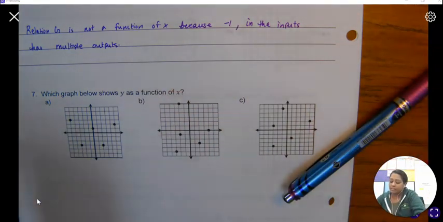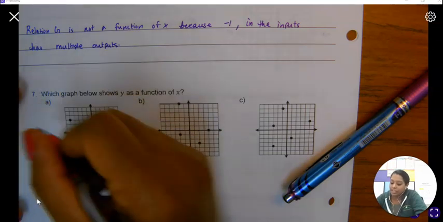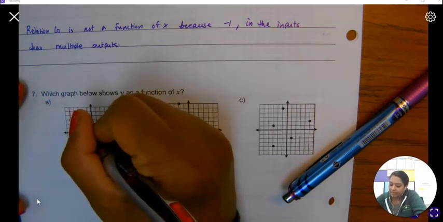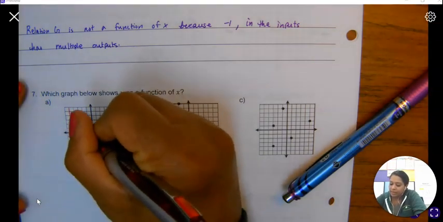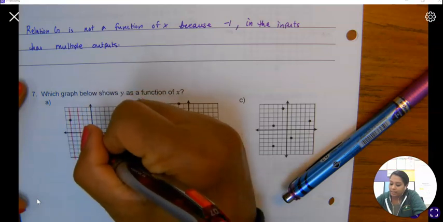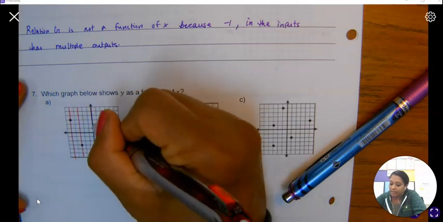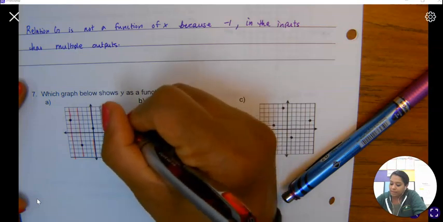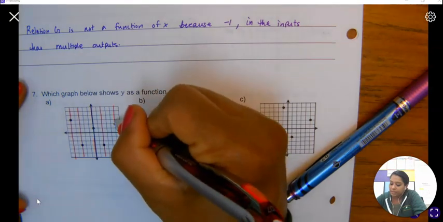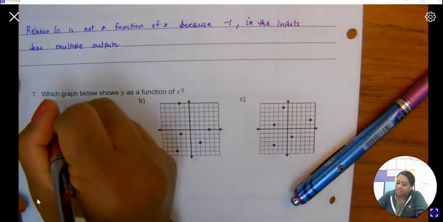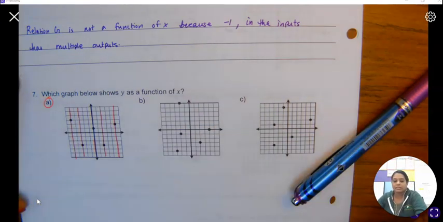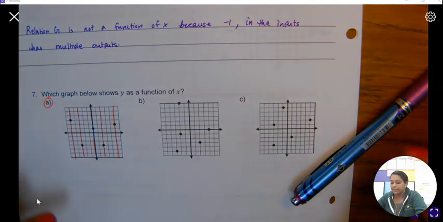Vertical lines basically check to see if there's any x value repeating. So here there's only one x value, here there's only one x value, and so on. Since everything has its own x value, this is a function of x.